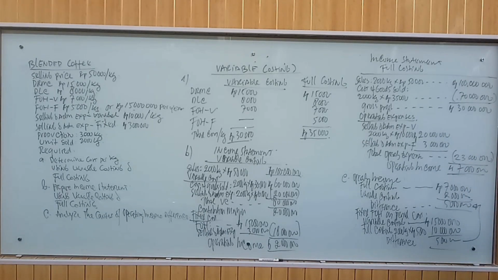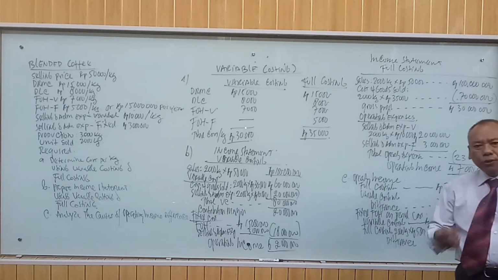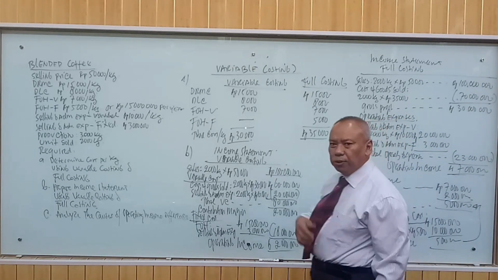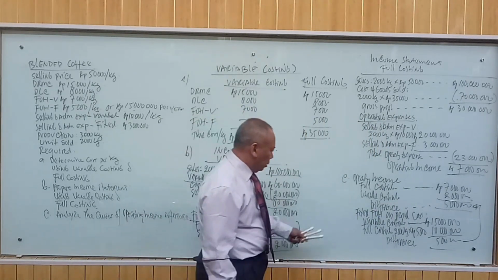So why is the operating income using full costing higher? Because we charge fixed factory overhead cost as period cost lower. This is part of the cost of goods sold. Cost of goods sold is an expense or period cost.